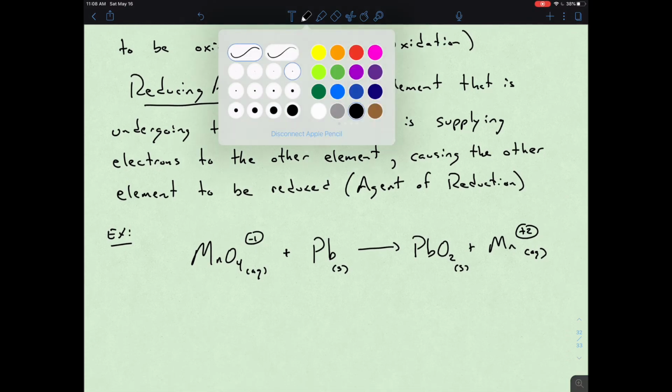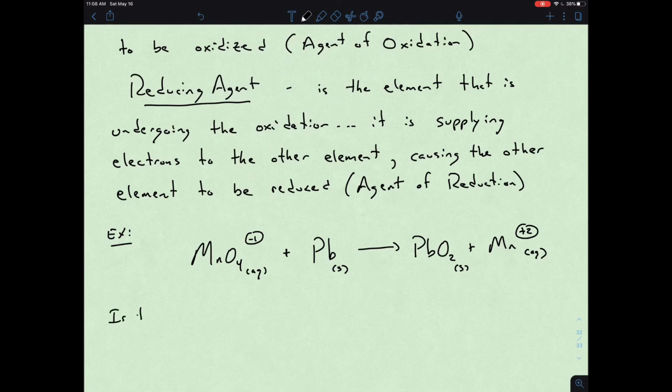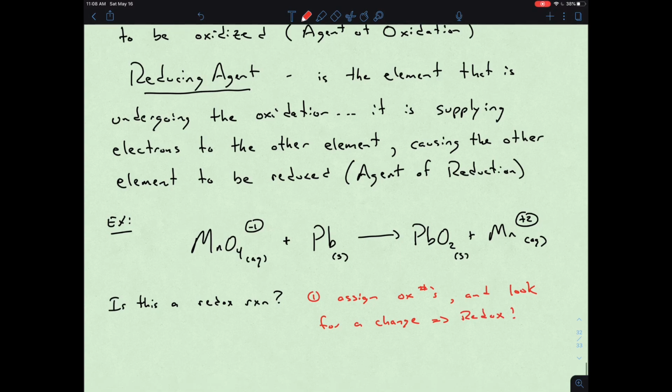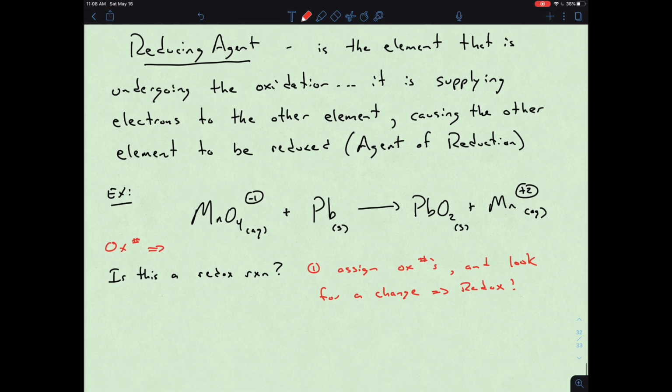So again, we could ask that kind of question, is this a redox reaction? And so again, we need to assign oxidation numbers and look for a change. All right, and that tells us that, okay, we have redox. So going above to assign these oxidation numbers, we have the manganate.